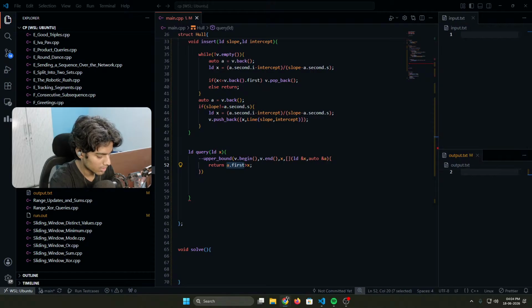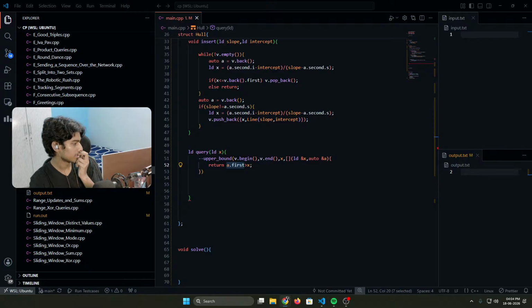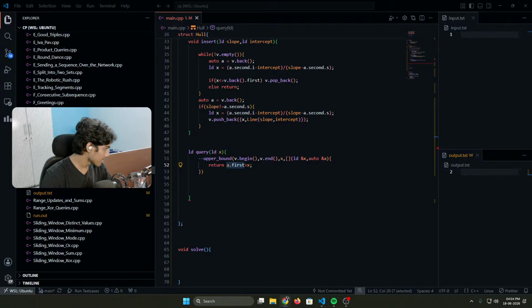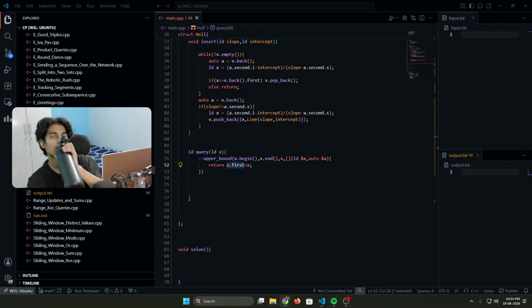What is the true condition? It is the comparator. Comp value element. Okay. 7 is greater than 5. That is true.